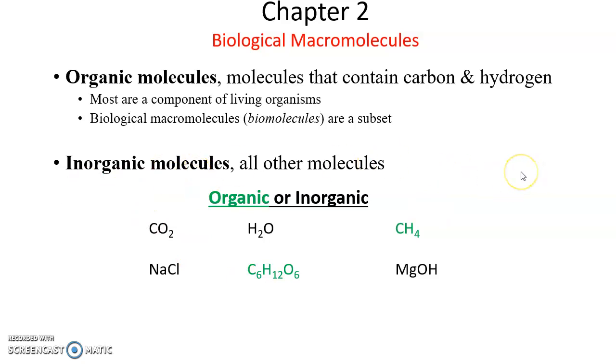Inorganic molecules is everything else. So inorganic molecules do not possess both carbon and hydrogen. Might have one, might have the other, does not have both. So for instance, in this mixture here, we see carbon dioxide is inorganic, water is inorganic, methane is organic, has carbon and hydrogen. Glucose is organic, has carbon and hydrogen. So you get the idea.